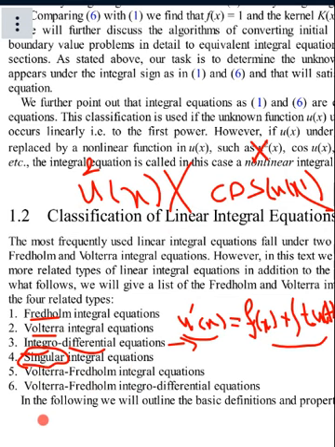The next class is Volterra-Fredholm integral differential equations. So you can see the mixture of case 1, case 2, case 3 and case 5. In your equation you have the derivative and integral of the unknown function, and also the type of integration will be Fredholm and Volterra.